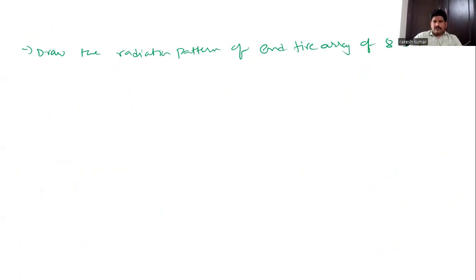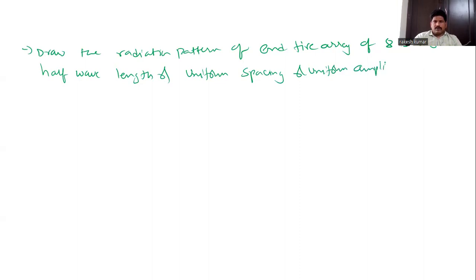The question is, draw the radiation pattern of an end-fire array of 8 elements with half wavelength and uniform spacing and uniform amplitude distribution.